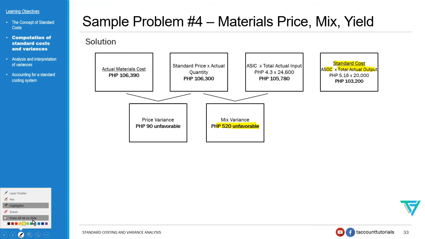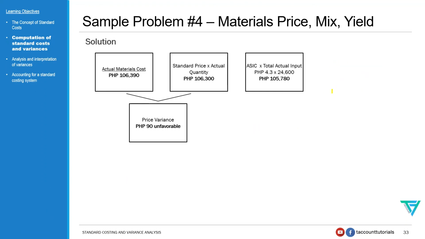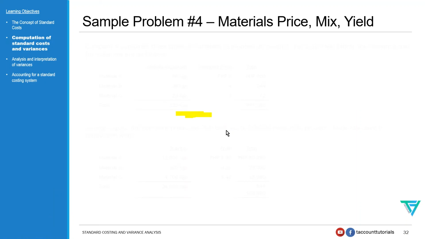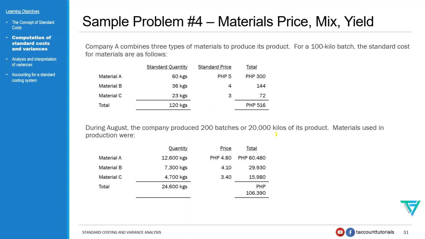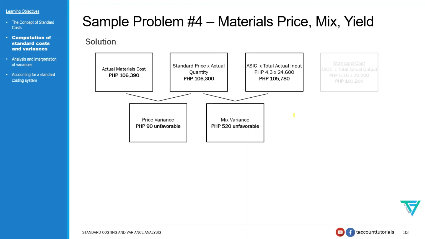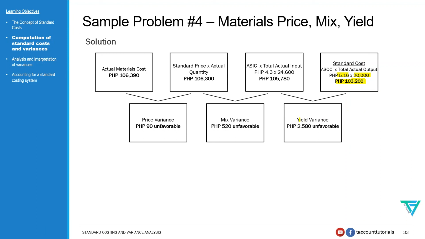And then lastly, we compute the total standard cost, which is basically the ASOC multiplied by the total actual output this time. So 5.16 per kilo, multiplied by the total actual output of 20,000 kilos. We arrive at 103,200 pesos. If we deduct this amount and this amount, we get the yield variance of 2,580 unfavorable.